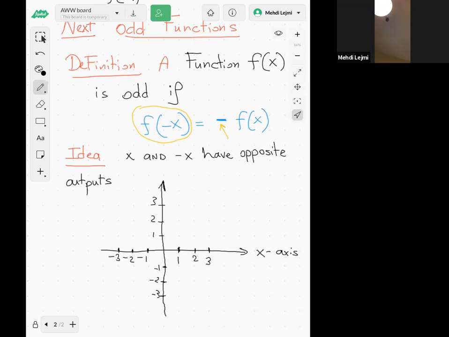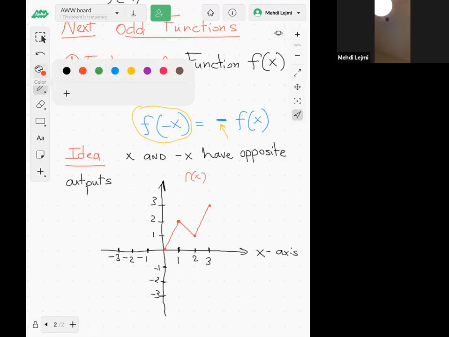So for example, let's say we have the following function: f of 0 is 0, f of 1 is 2, f of 2 is 1, and f of 3 is 3. And this is, let's say, f of x.